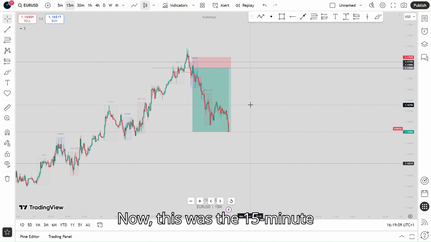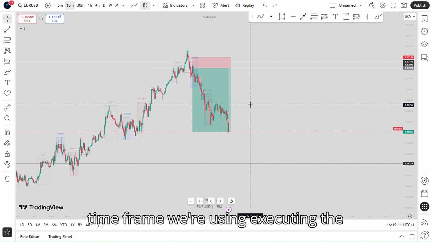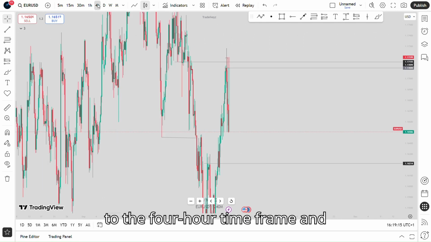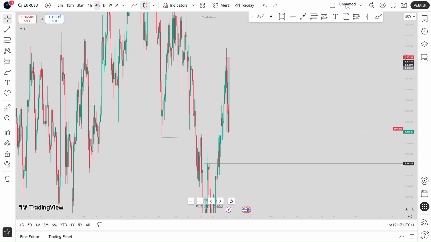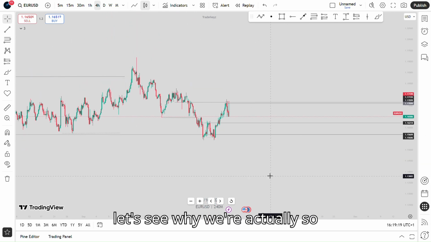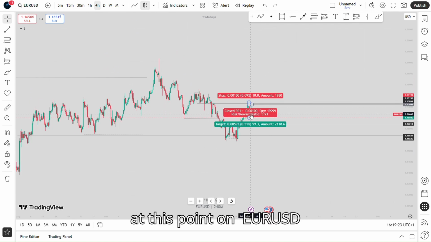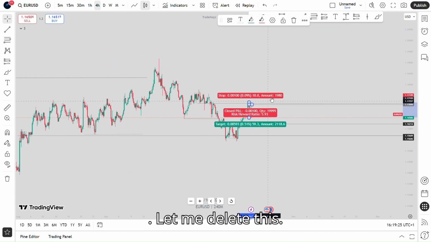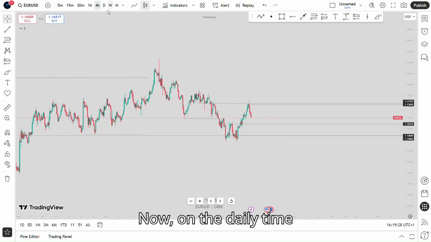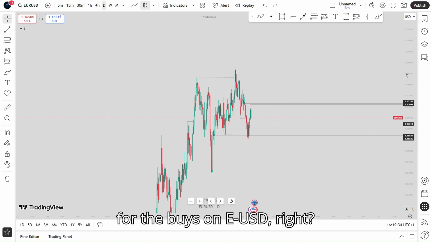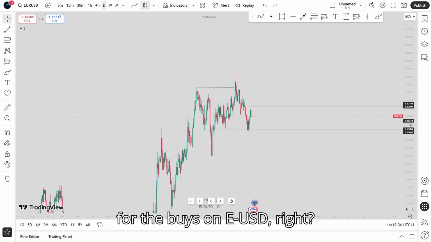Now, this was the 15-minute time frame we're using in executing this trade. But then again, let's go to the 4-hour time frame and let's see why we actually sold at this point on EURUSD. Let me delete this. Now, on the daily time frame, we're actually looking for the buys on EURUSD, right?